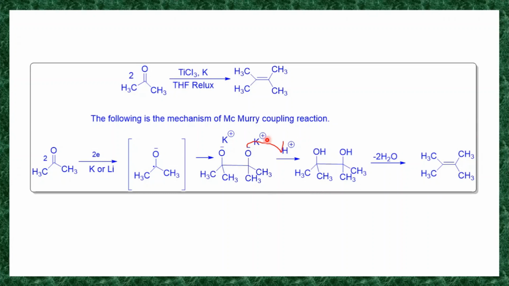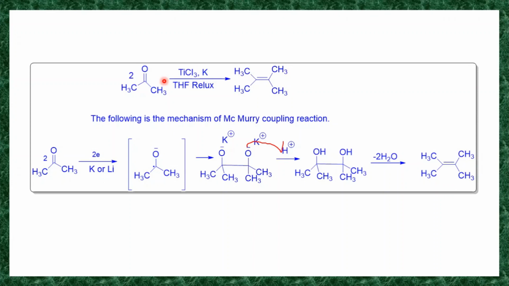So this is how acetone undergoes McMurry coupling reaction in the presence of TiCl3, titanium trichloride, and potassium metal, with tetrahydrofuran as solvent under reflux. You will get this alkene as a product, and this reaction is called the McMurry coupling reaction.